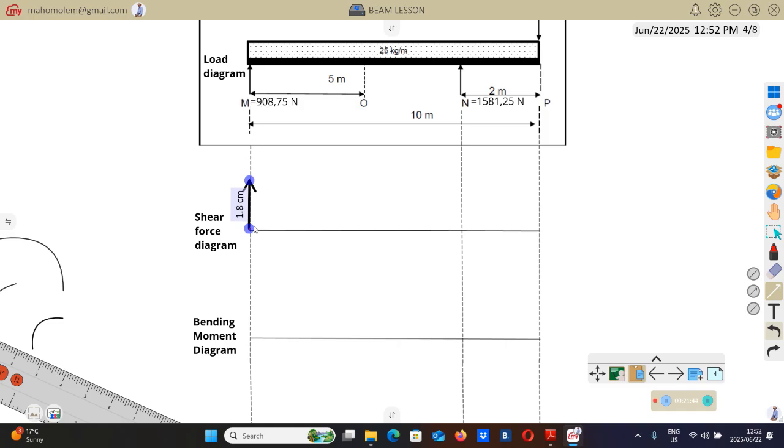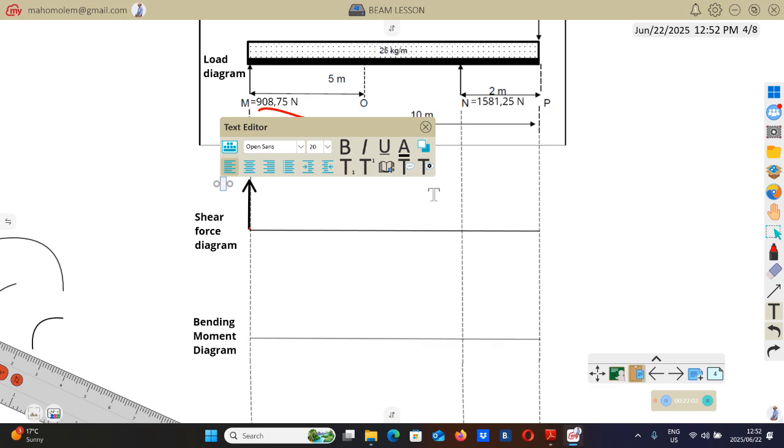That's why we draw a line going up. This line represents this magnitude, and you have to indicate these values here. So you will write 908.75 Newton.